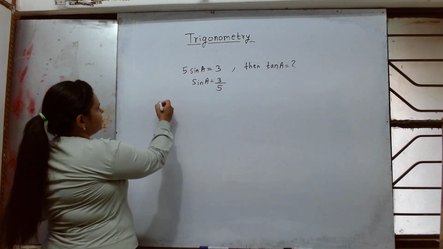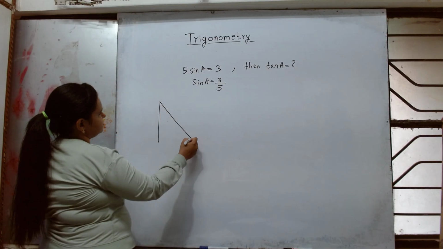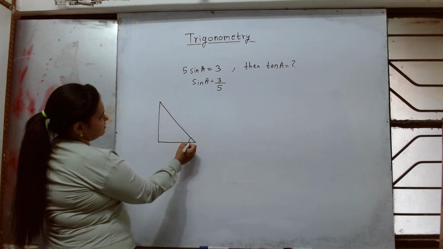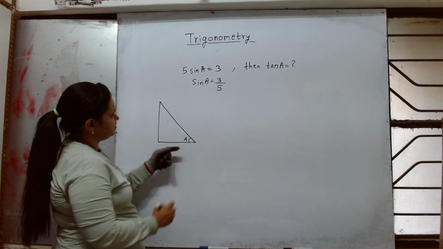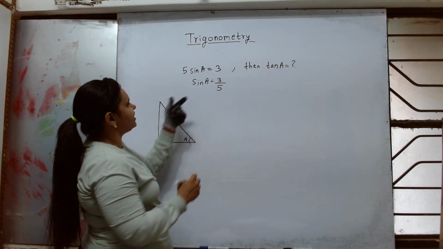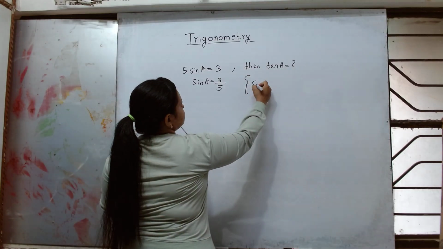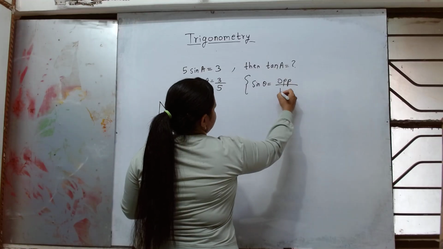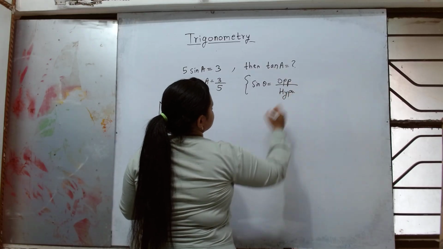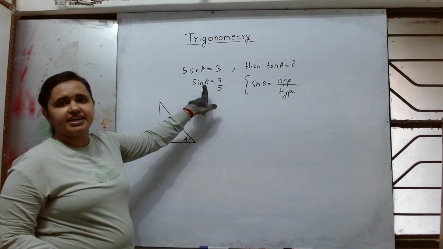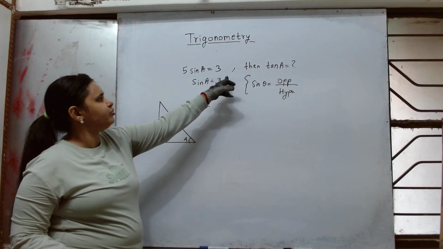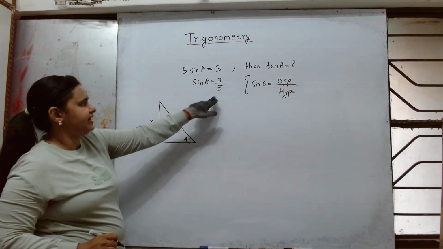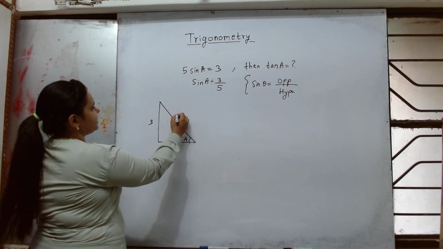We can draw a triangle. If this is A, so sin theta is what? Sin theta is opposite upon hypotenuse. So opposite of A will be this one. It will be 3 and hypotenuse is given as 5. So we will write here 5.